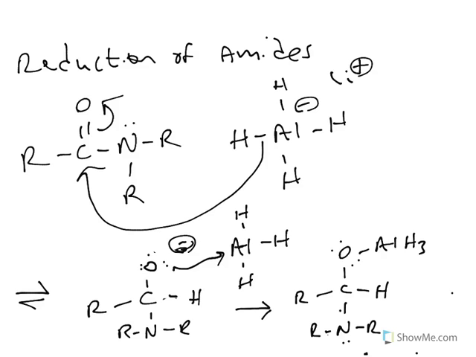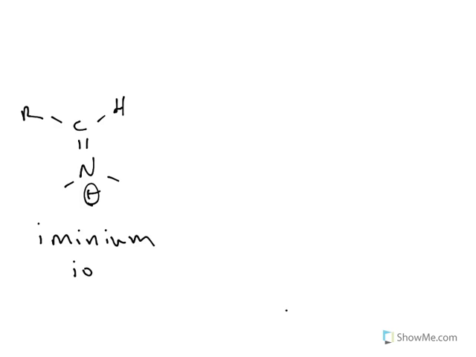All right. So what nitrogen is going to do now is it's going to kick its lone pair electrons in and shove off this aluminum oxygen complex. So what we wind up with is an imine derivative that we saw last chapter, an iminium ion.